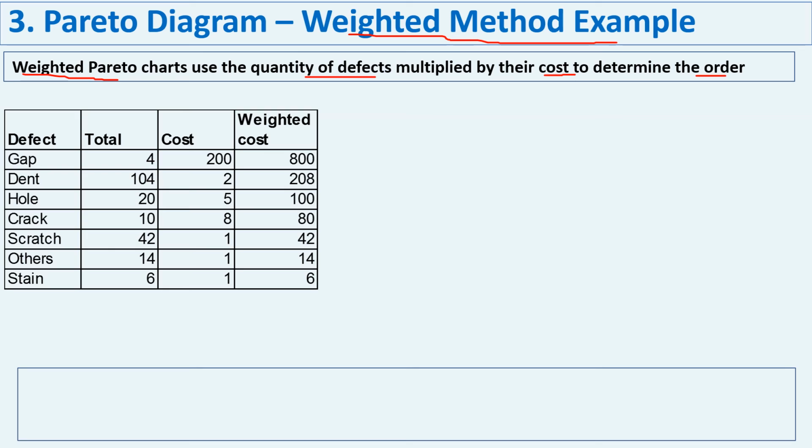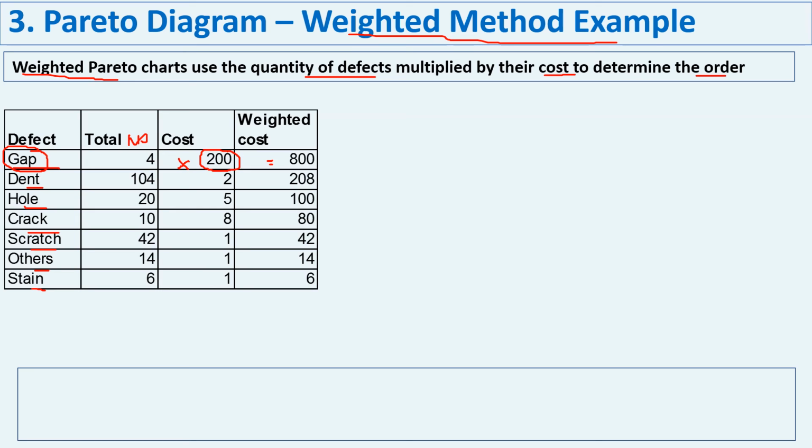Here we have taken the same example: gap, dent, hole, crack, scratch, other, and stain. The number of defects is 4 for gap, 104 for dent, 20, 10, like this. Then to overcome the defects, there is a cost: 200 rupees for one gap defect, which means 200 into 4 is equal to 800 rupees.